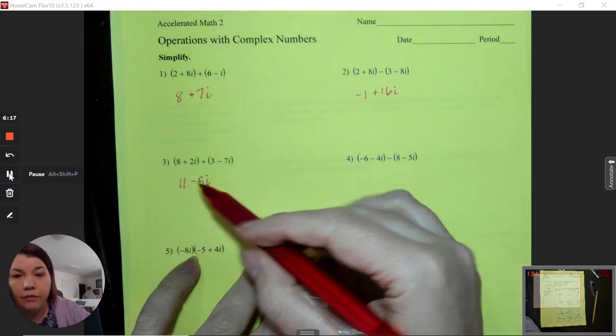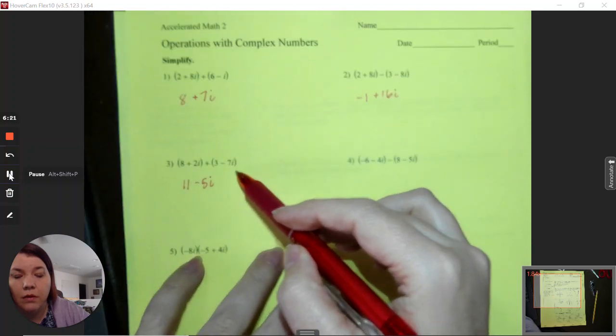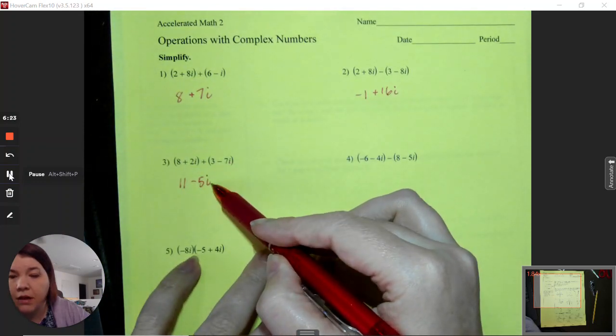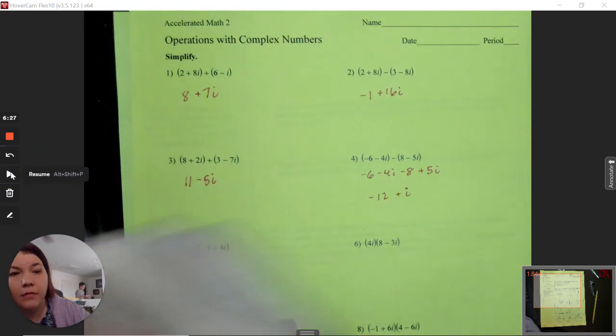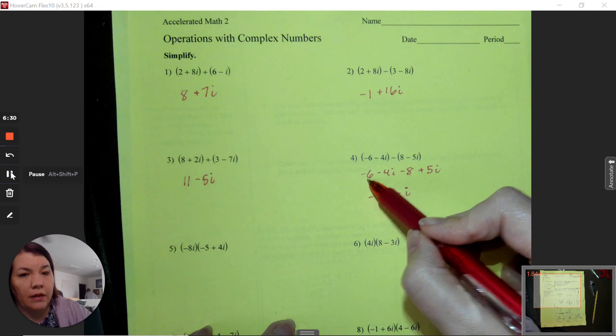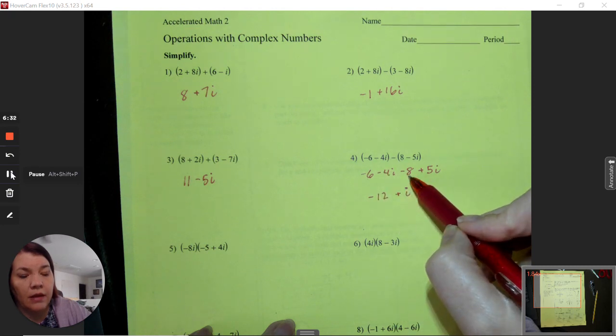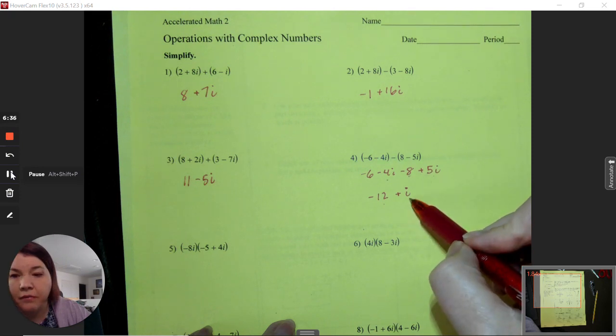So 8 plus 3 is 11, 2i minus 7i is -5i. Try 4. So -6 and -6 and -8 is -12, -4i and positive 5i is i.